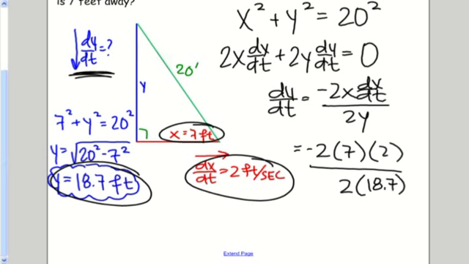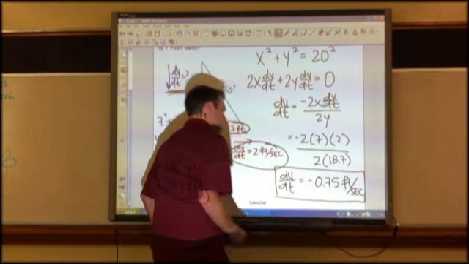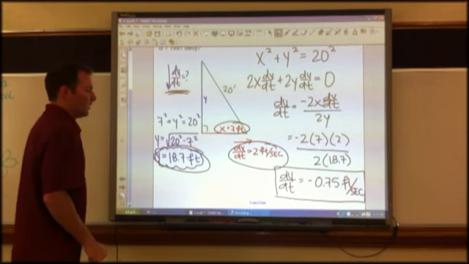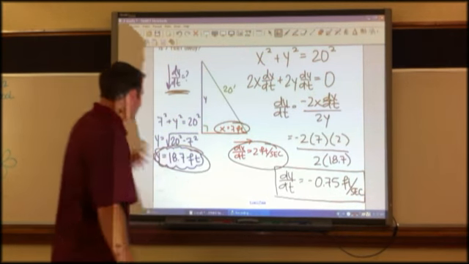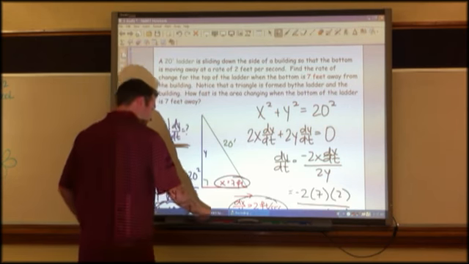This all comes out to, I'll put dy/dt again, negative 0.75, and this is in feet per second. Which is almost all of the problem, except that we've got one more piece here.